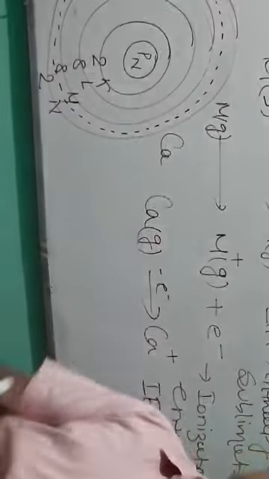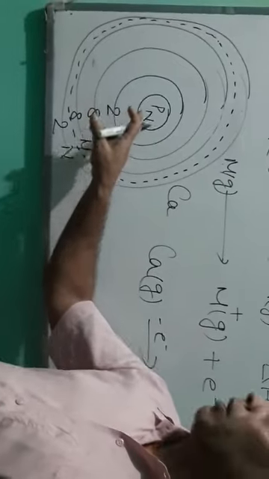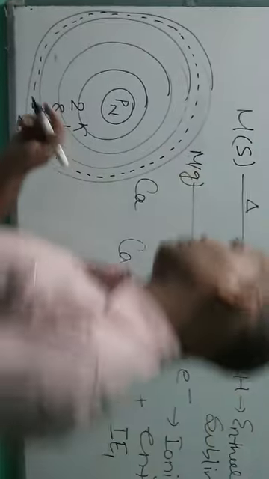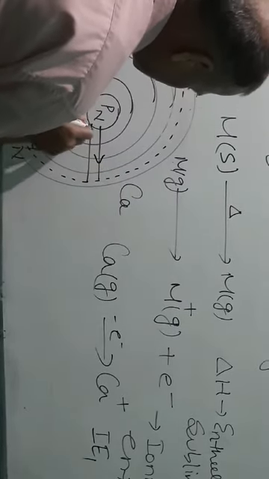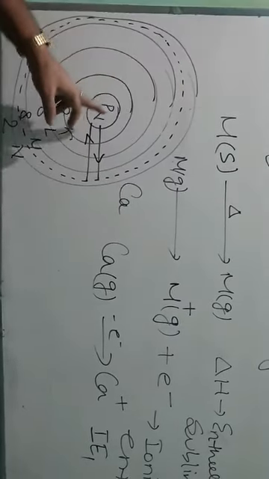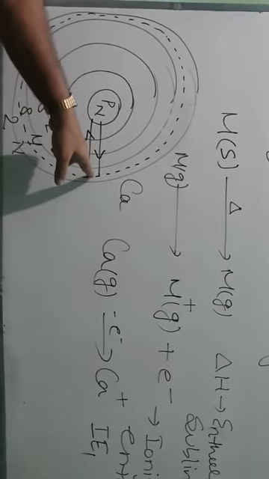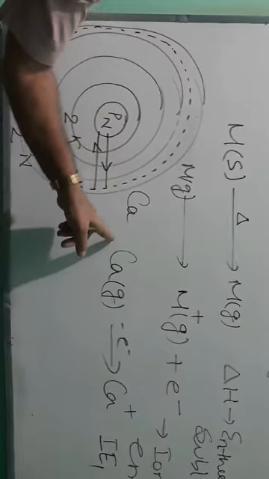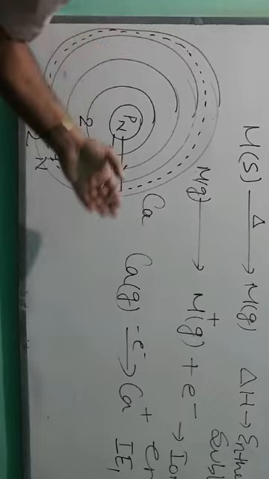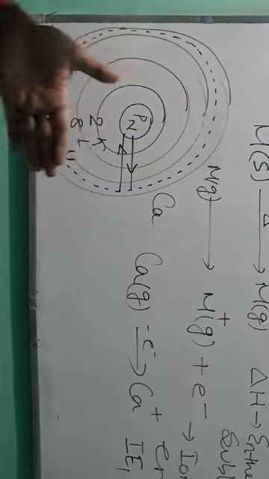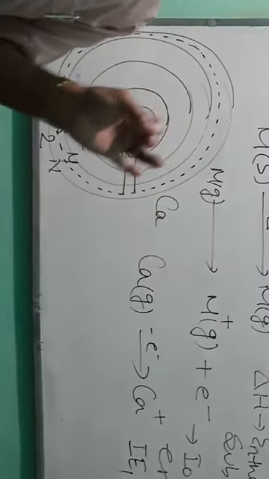The contraction takes place because there are always two forces acting simultaneously: the electron tries to pull outwards from the nucleus, and the nucleus tries to pull the electron towards its center. These forces are balanced, as the number of electrons and protons are equal.